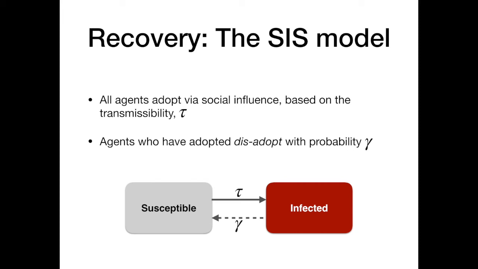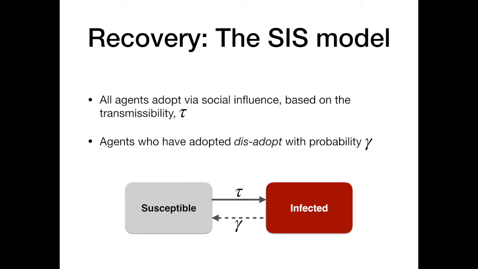What happens if we let people recover or disadopt, at which point they just return to a state of susceptibility? This is called an SIS model, which stands for susceptible, infected, and then susceptible again. And we can do this by simply assuming that individuals who are infected recover with a fixed probability, called gamma, the recovery rate.